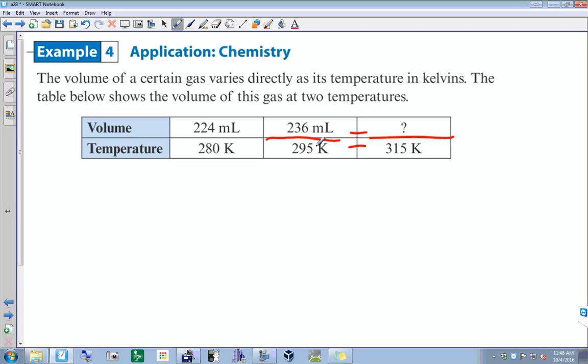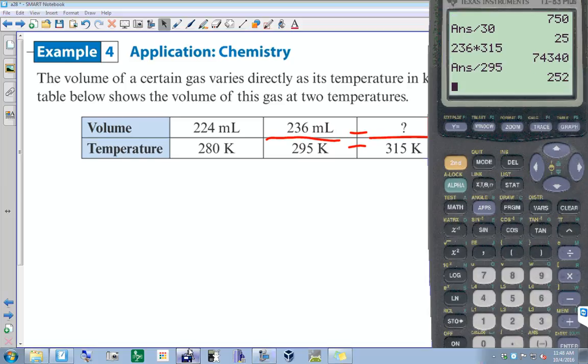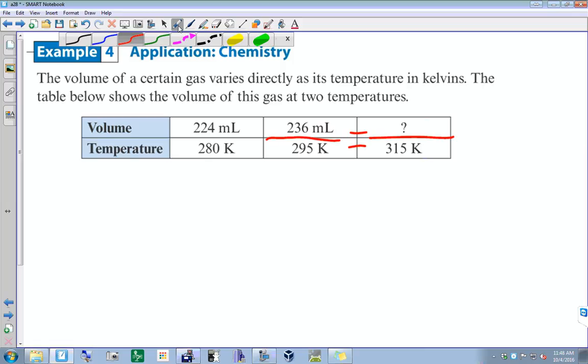That times that divided by that will give me that. That's all it is. So that means that I would have 236 multiplied by 315 divided by 295, and I get 252. Okay.